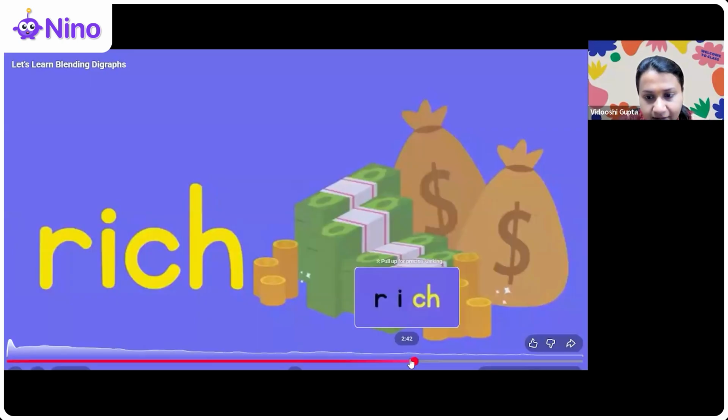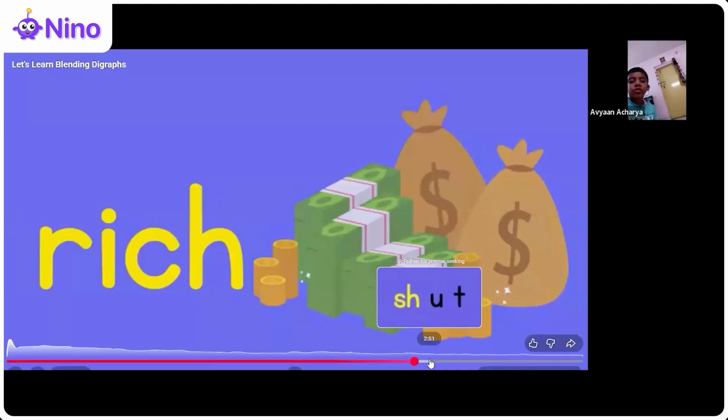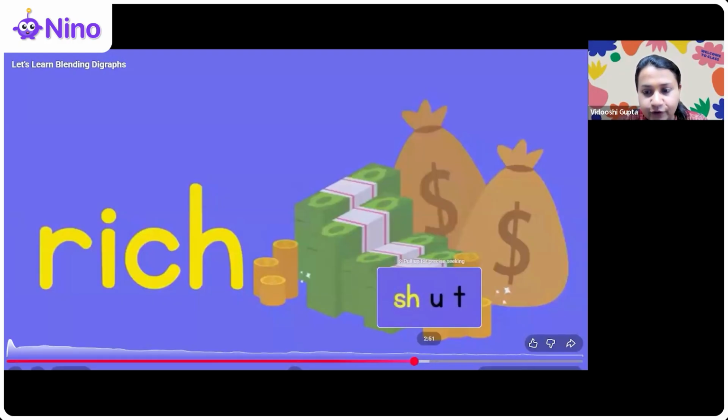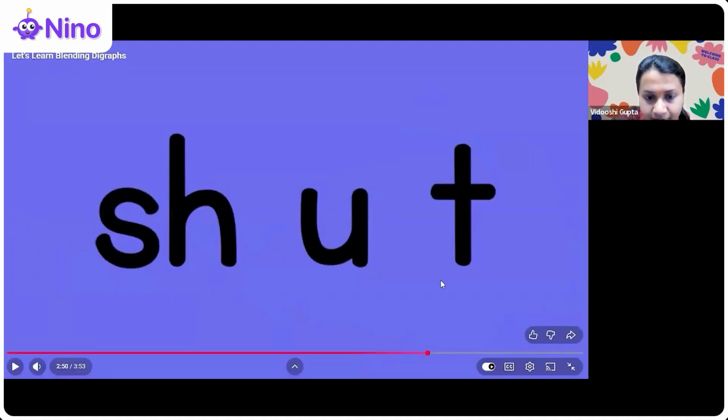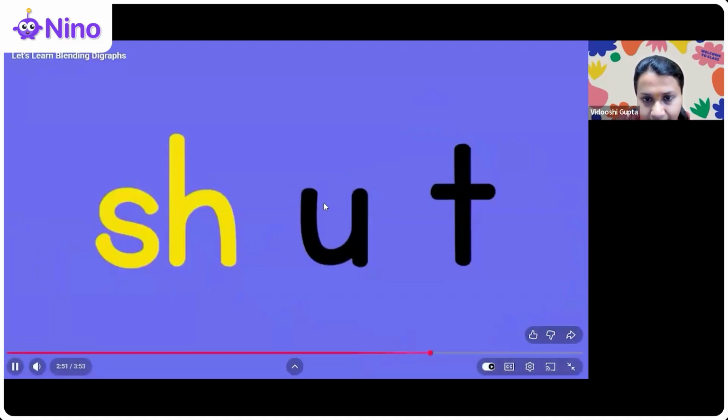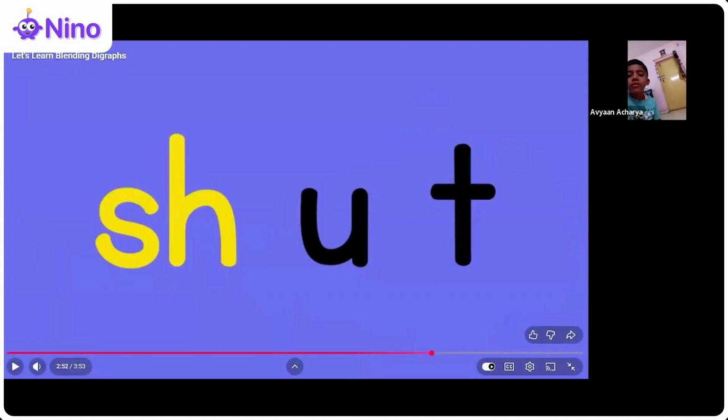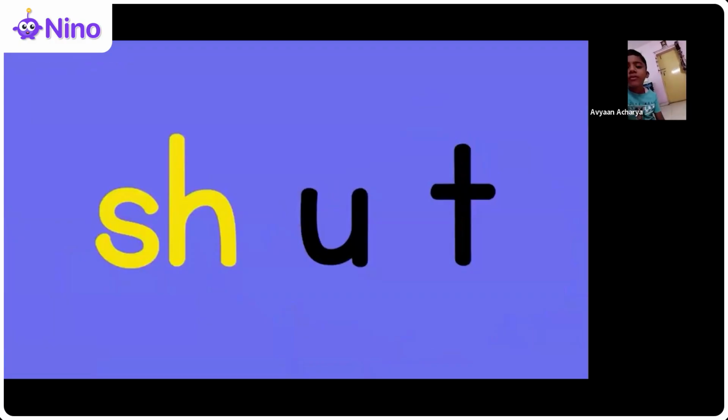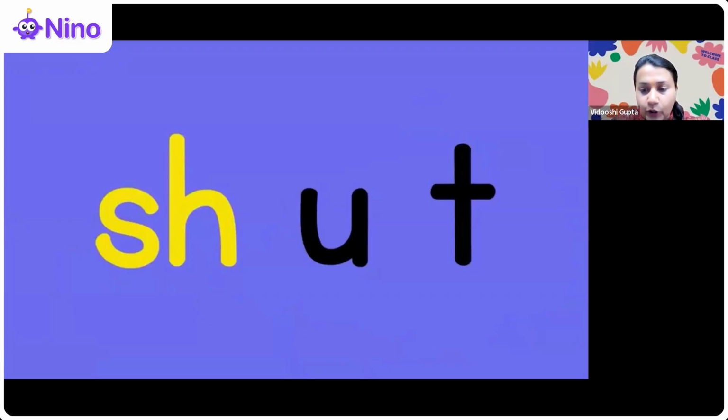Chalo, let's move forward. Who's going to read the next word? Avyan wants to read it? Sure. So Avyan, this is the word for you. When you join all the sounds together, what does it become?